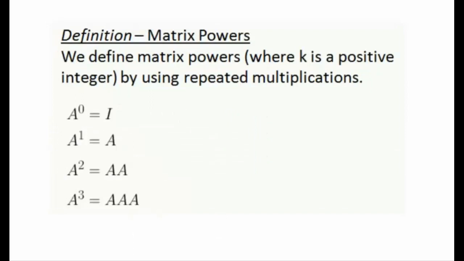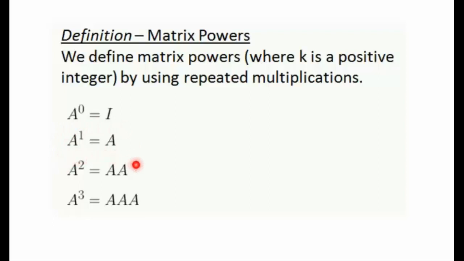One of the nice uses of matrix multiplication is that we can use it to define powers of matrices. Specifically, what we're going to look at first are positive integer powers. So if we see A to the power of 1, that's really just the matrix A itself.